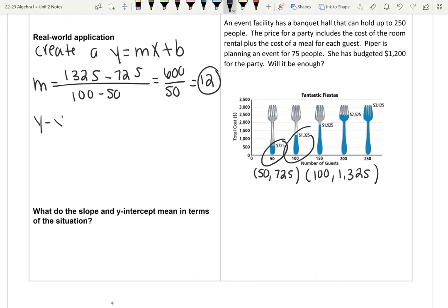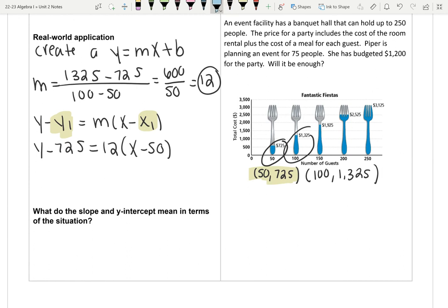So I'm going to use y minus y1 equals m times x minus x1 to figure it out. And I'm going to use this point right here to plug in for my x and my y. So that would give me y minus 725 equals 12 times x minus 50. Remember that 12 came from right here where we just solved.